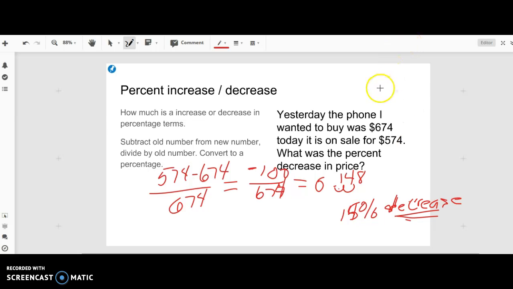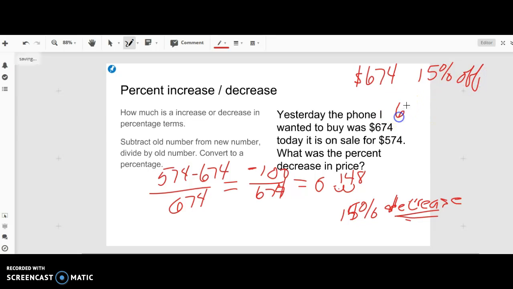We had started with a problem, something asked like, if I have a phone for $674 and the sale price was 15% off, how much does the phone cost?